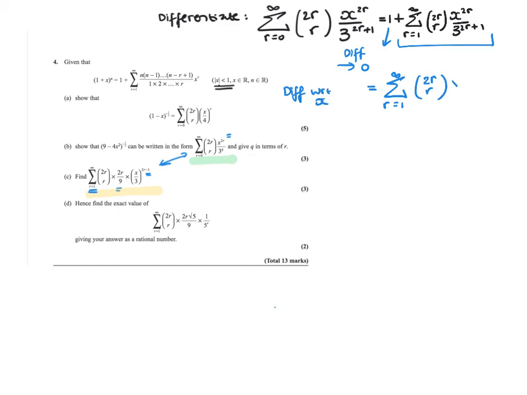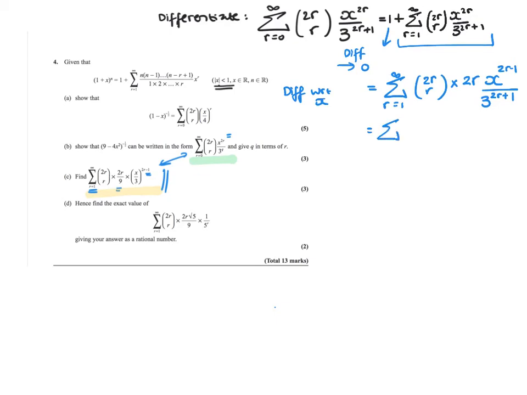So we need to multiply by the power, which is 2r, reduce the power by 1, so it becomes x to the 2r minus 1, and then this is all over 3 to the power of 2r plus 1. Now look at what we're aiming for over here, and you can see we've got the x to the 2r minus 1, but they've got a 3 to the 2r minus 1.